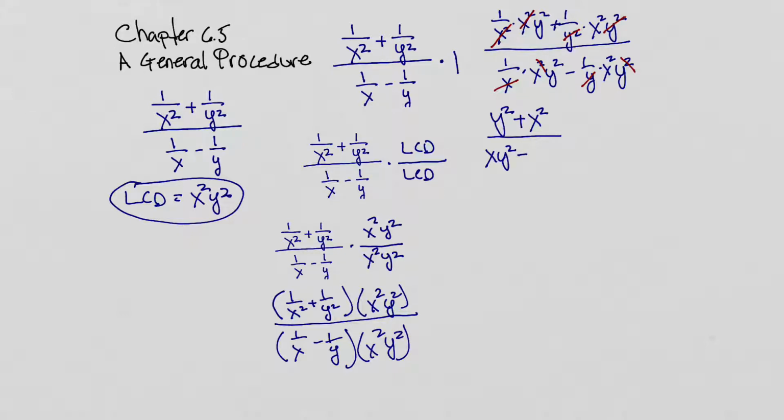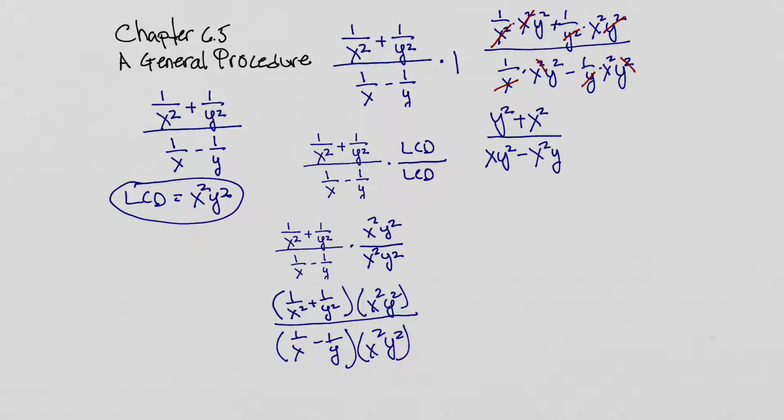And then a minus. You can see over here, this 1 over y will cancel with one of these two y's, and so we're left with 1 times x squared y, which is just x squared y.